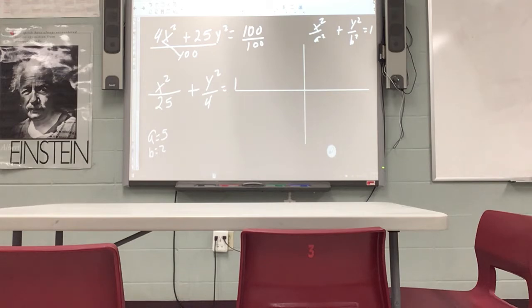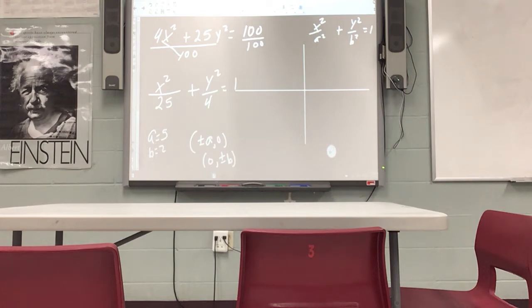Square root. Now, our places of intersection, this is what Christian was asking about a second ago, for this thing are going to always be plus or minus A, 0 and 0, plus or minus B. Okay?